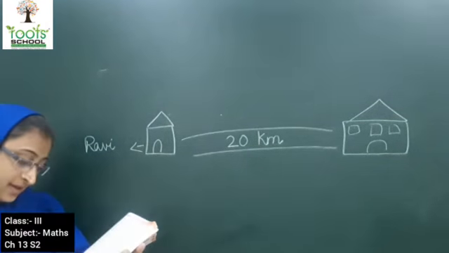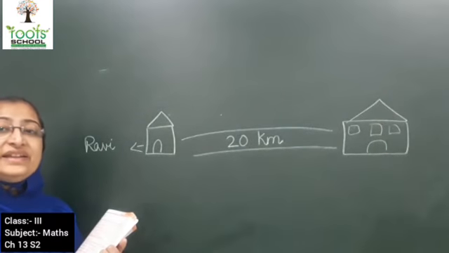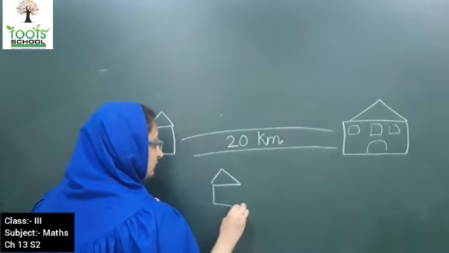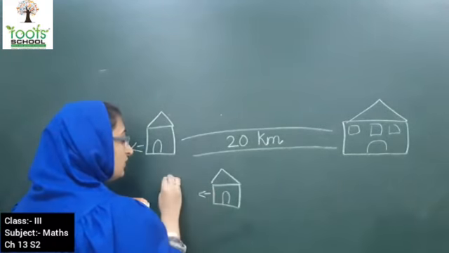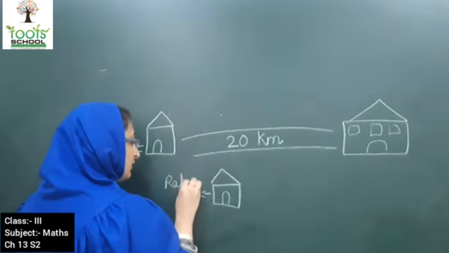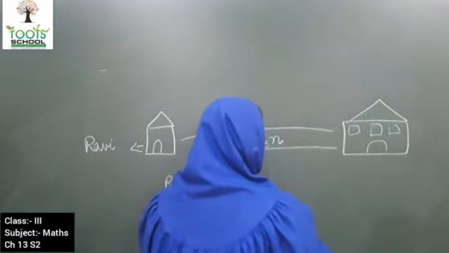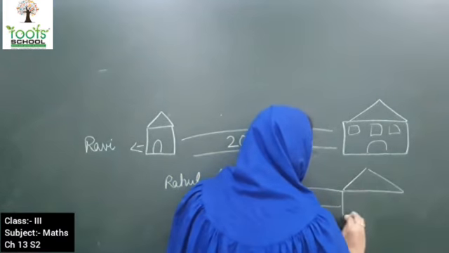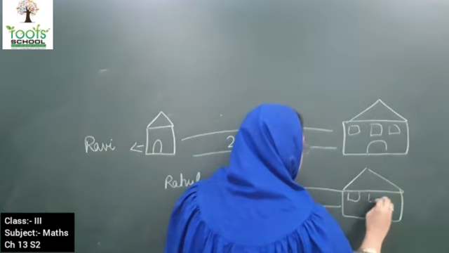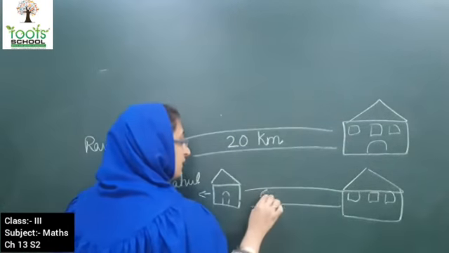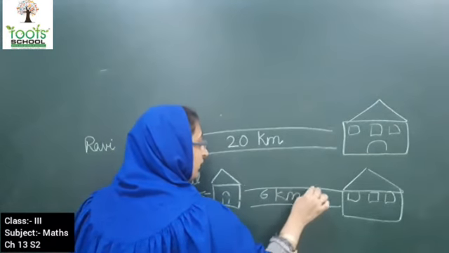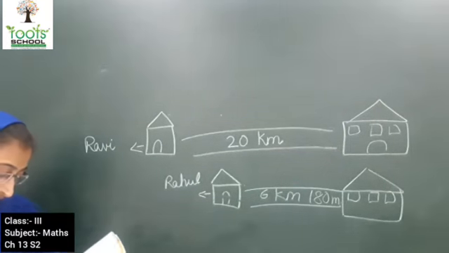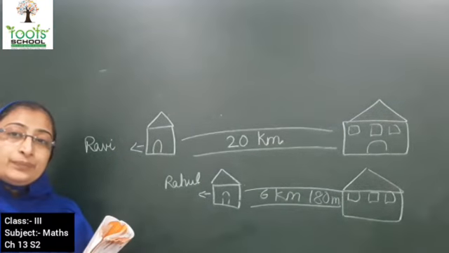Rahul's house is 6 kilometer 180 meter. Now this is Rahul's house. Whose house is it? Rahul's house. It is 6 kilometer and 180 meter. So kids, how are you going to solve it?